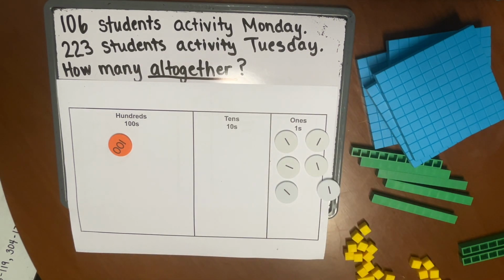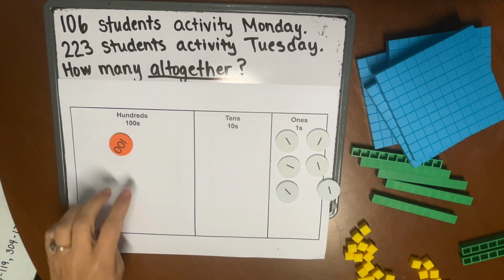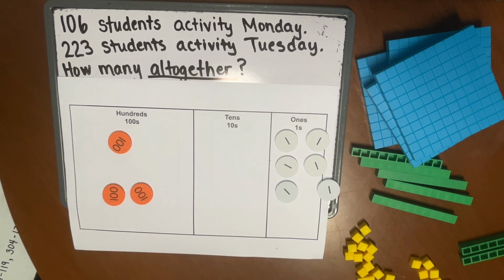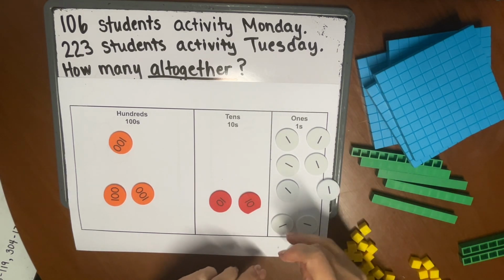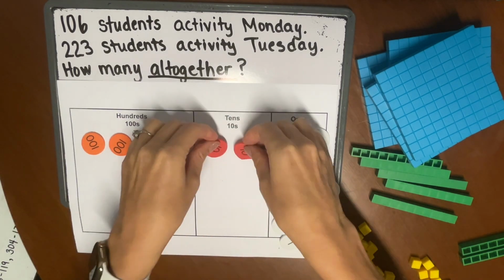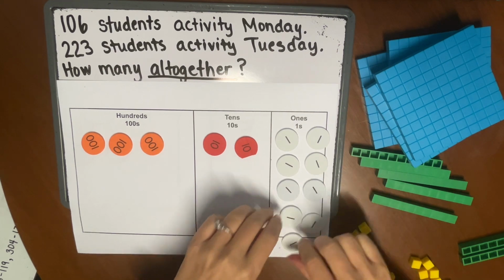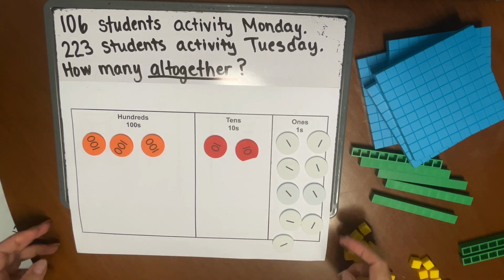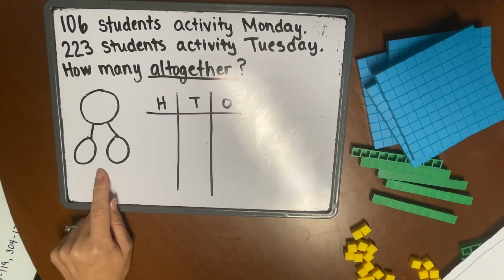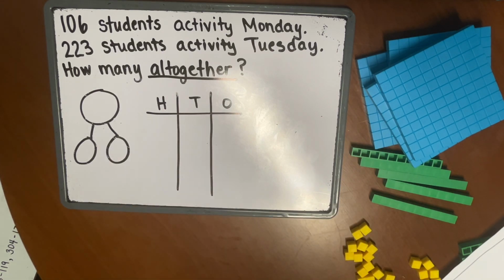And then I had 223 on Tuesday. If I put those all together, I have 329. Let's go ahead now and draw our part whole and our hundreds, tens, and ones chart.